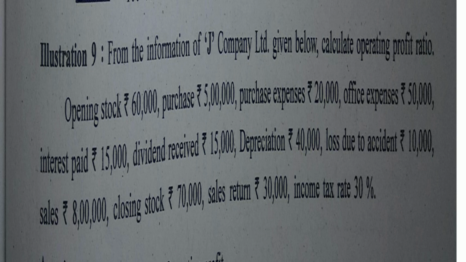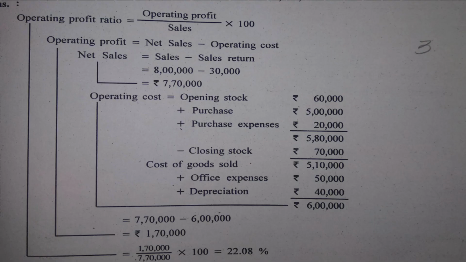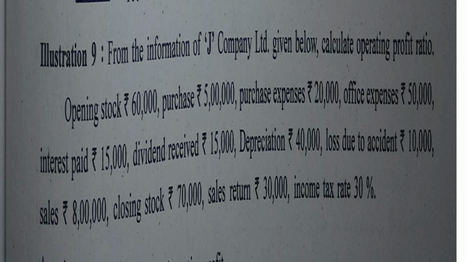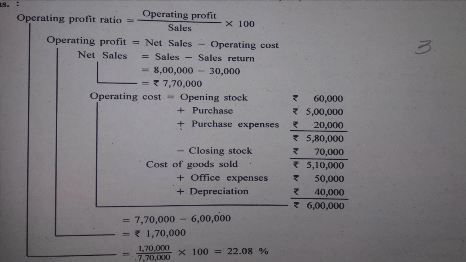Yes, office expenses, of course, office expenses and administrative expenses. So firstly we have added 50,000 to COGS, 5,10,000. Further, interest paid is financial expense, is not included in operating expense. Dividend received is an income, cannot be included. Depreciation, yes. So depreciation is taken here, 40,000.